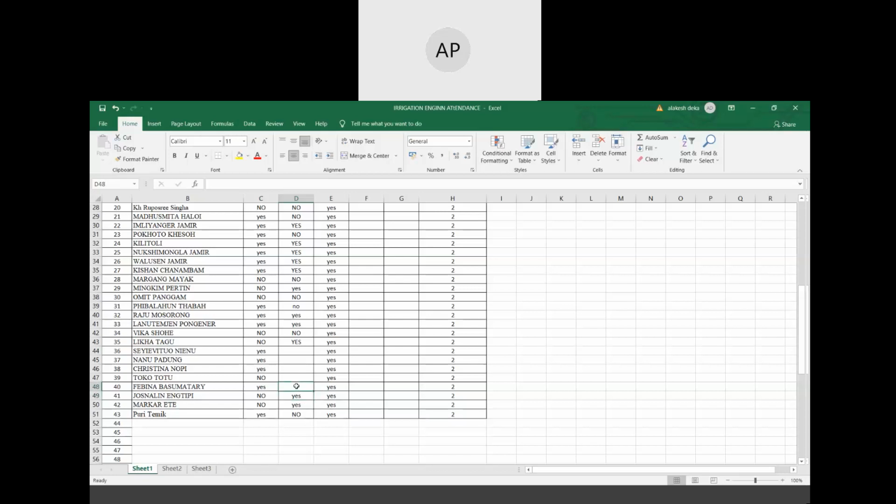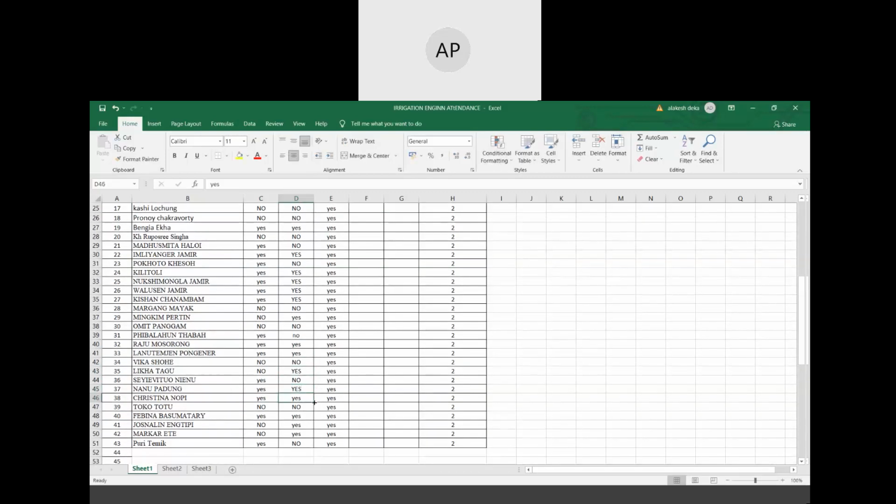Febina, present. Christina Nopi, present, ma'am. Toko Totu, absent. Nenu, absent. Nanu Padung, present, yes, ma'am. Okay. So anyone left?